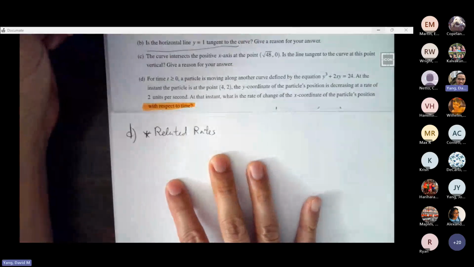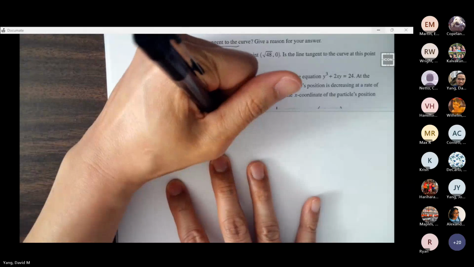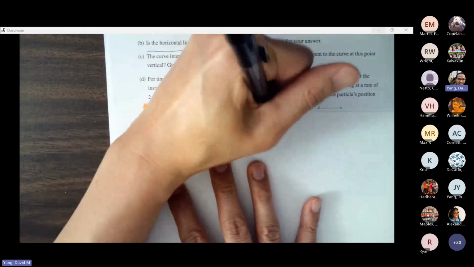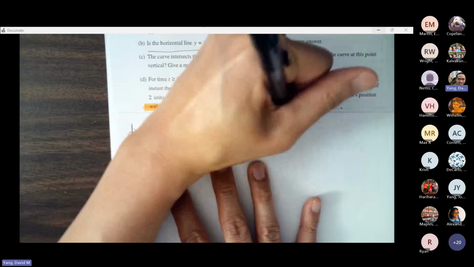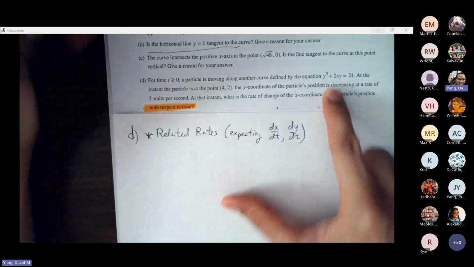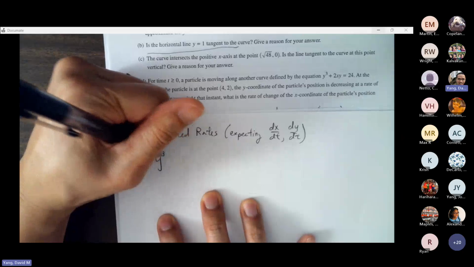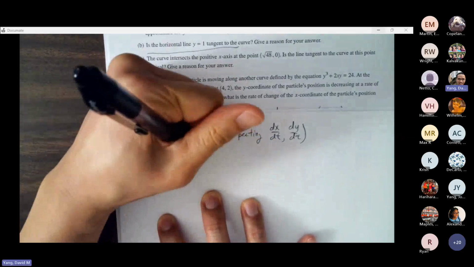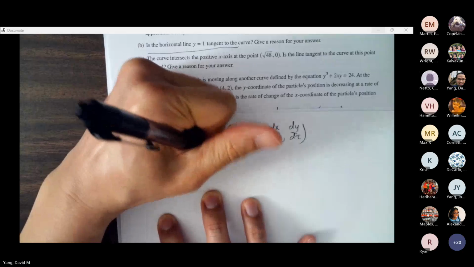Because x and y are involved, we should be expecting dx dt to show up. We should be expecting dy dt as well. So let's work through our derivative for our equation first before we decide what needs to go into these variables.